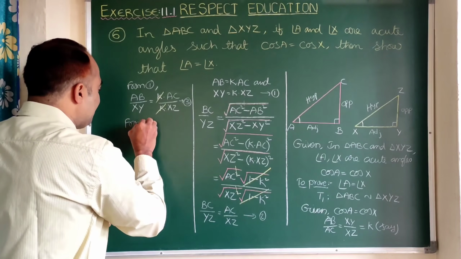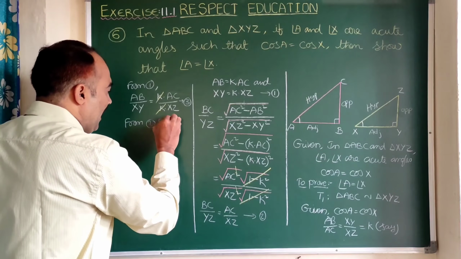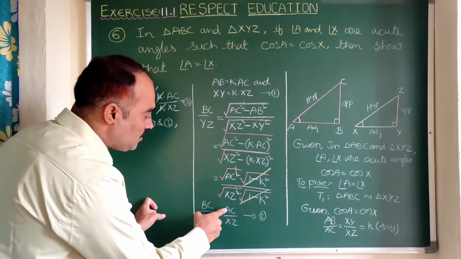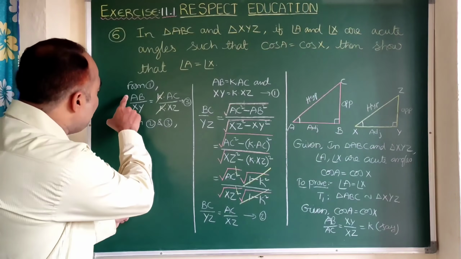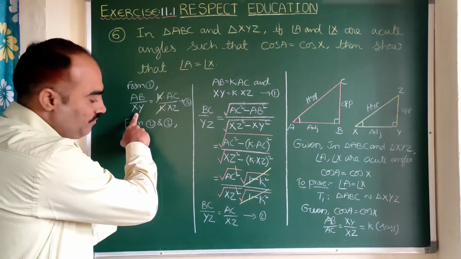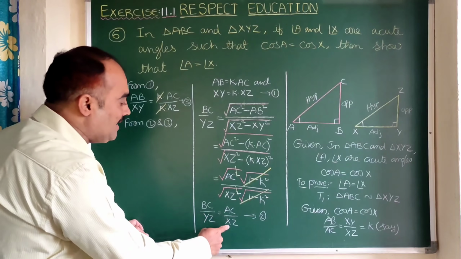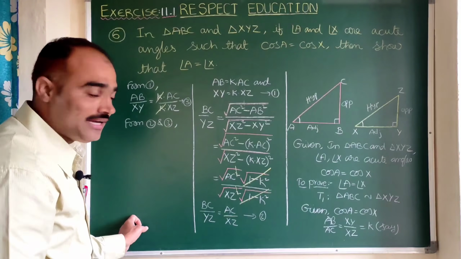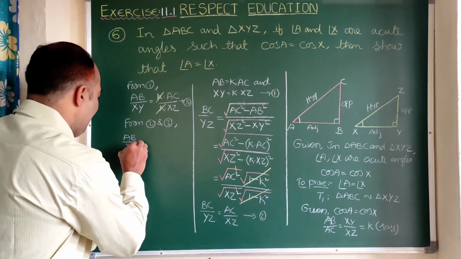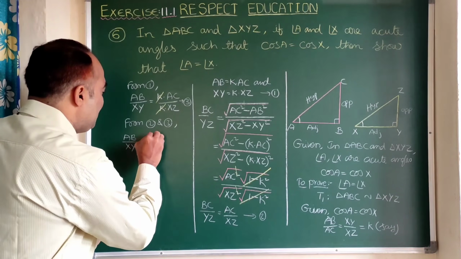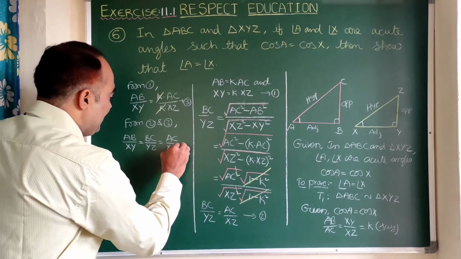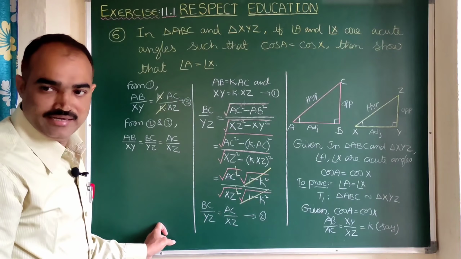So from 2 and 3, observe carefully. BC by YZ equals AC by XZ, and AB by XY equals AC by XZ. That means AB by XY, BC by YZ and AC by XZ, all the three are equal. So here we can write AB by XY is equal to BC by YZ is equal to CA by XZ, or AC by XZ.